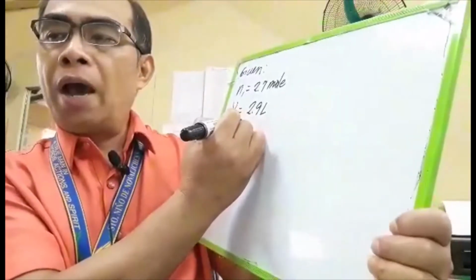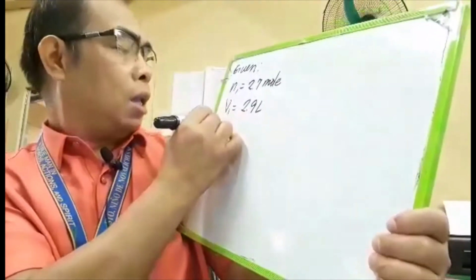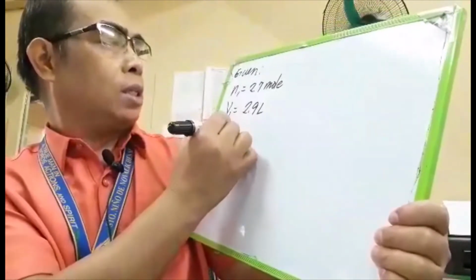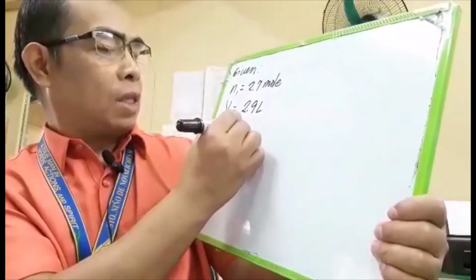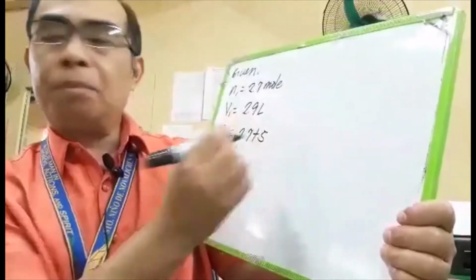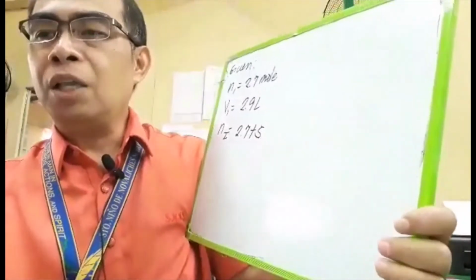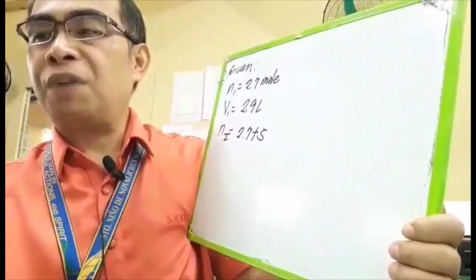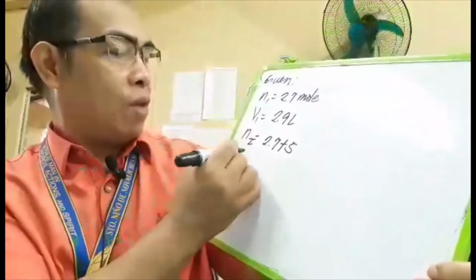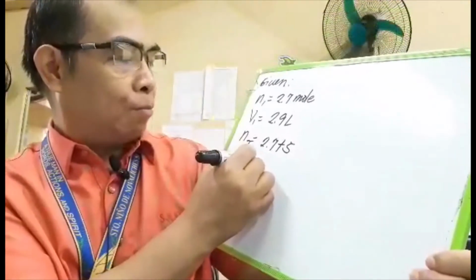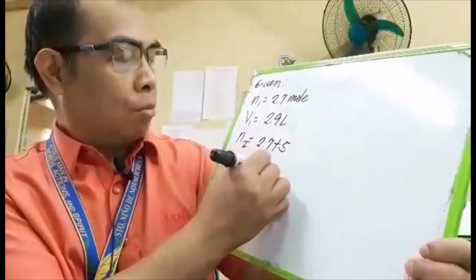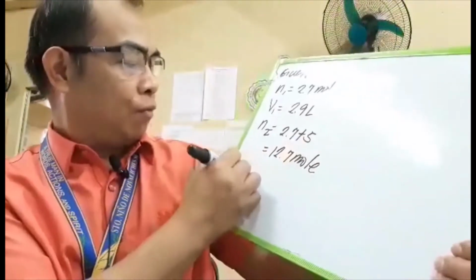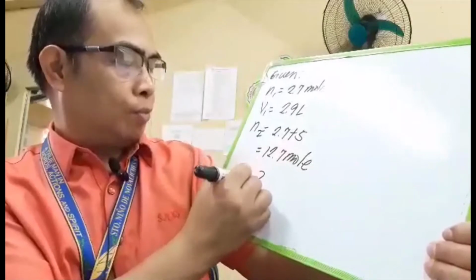We also have our N2, which is 2.7 plus 5, kasi nakalagay, find the new volume of this gas if 5 moles are added. So we have 7.7 moles. Okay, so V2 is unknown.